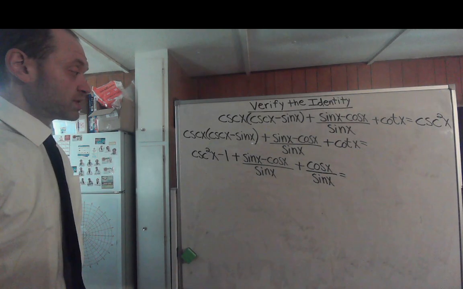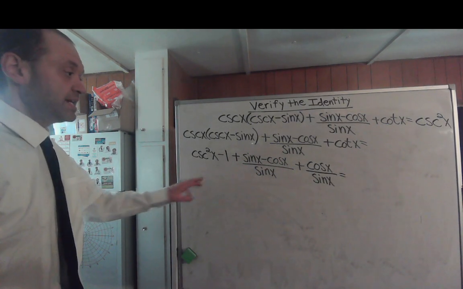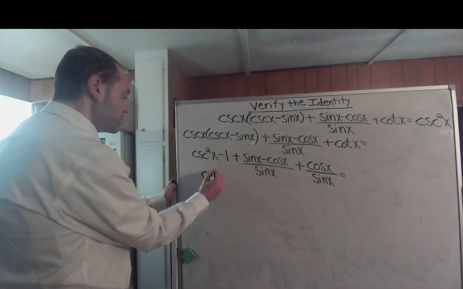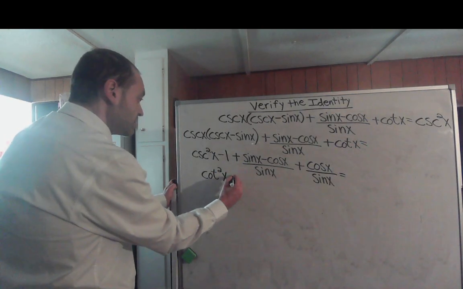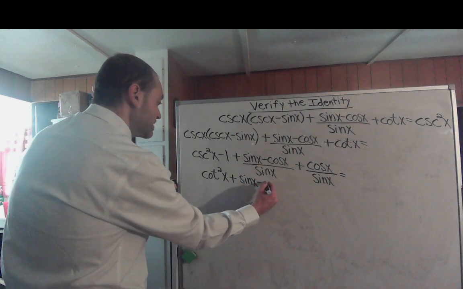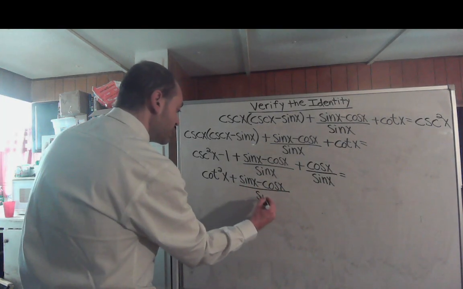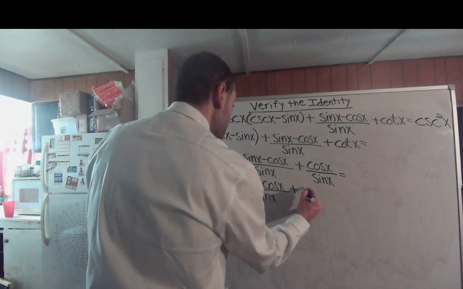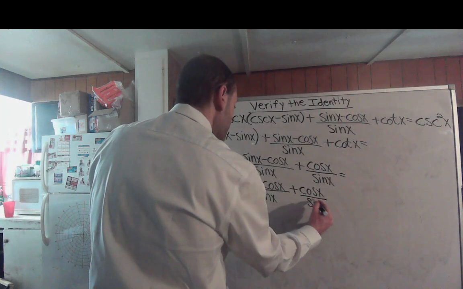Well, it's important to know that cosecant squared minus 1 is cotangent squared. So this would turn into cotangent squared of x plus sine of x minus cosine of x all over the sine of x plus the cosine of x all over the sine of x.